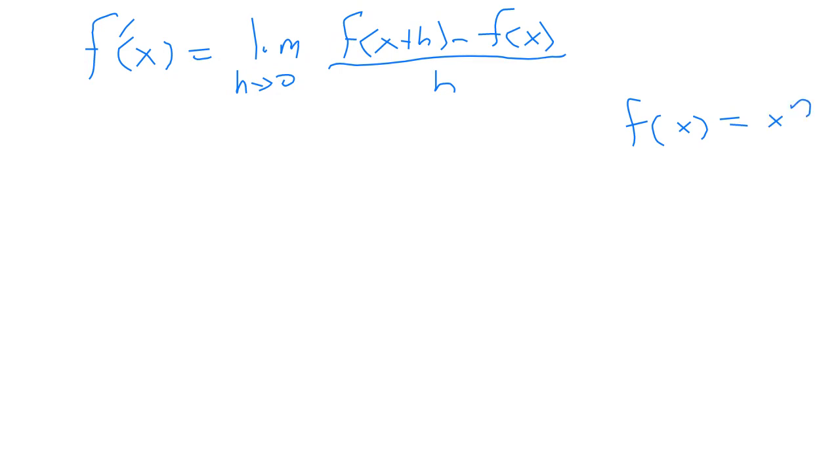So you're going to make substitutions for each of them. It's going to be limit h tends to 0. Replace the x with x plus h. Are you okay with it now?